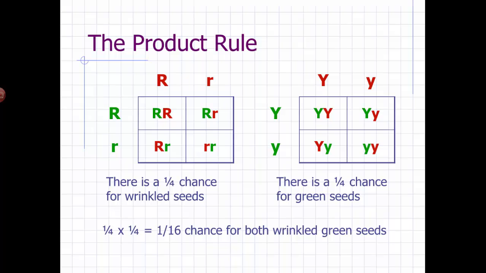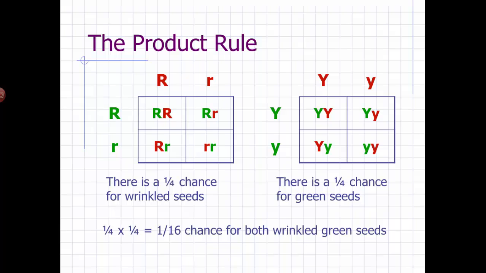Over on the right here, we're looking at the color. Again, according to Mendel's cross, he had dihybrids, right? They were hybrids for both traits, heterozygous for both traits. So this is heterozygous versus heterozygous. It's a little hard to tell with the font here, but we have a capital Y and a lowercase y in each condition here. And again, if we want to look at green seeds, it's 1 out of 4. 1 out of 4 possible chance to have a green seeded plant.